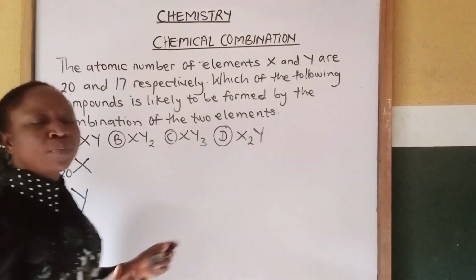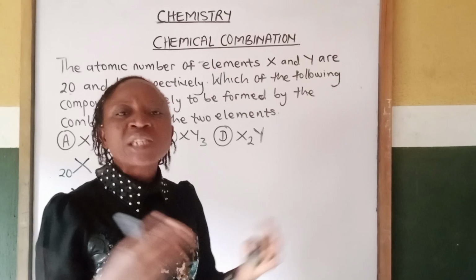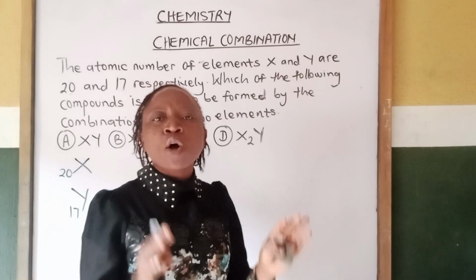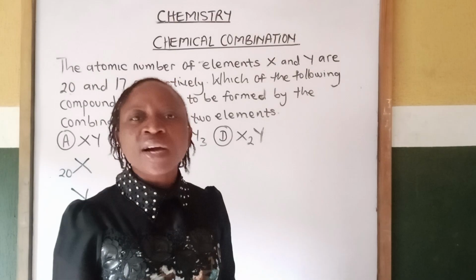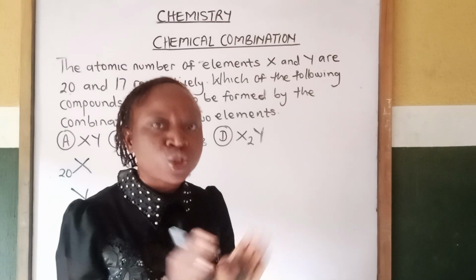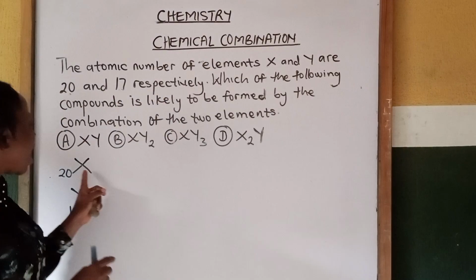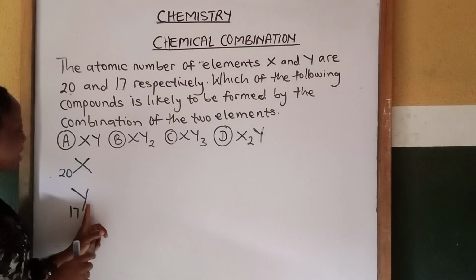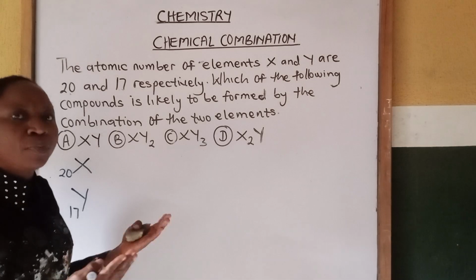So which compound will be formed when the two elements are combined together? What is a compound? A compound is the combination of two or more elements. When two or more elements are chemically combined together, a compound will be formed. So the reaction between element X and element Y will give us a compound. What type of compound will be formed?